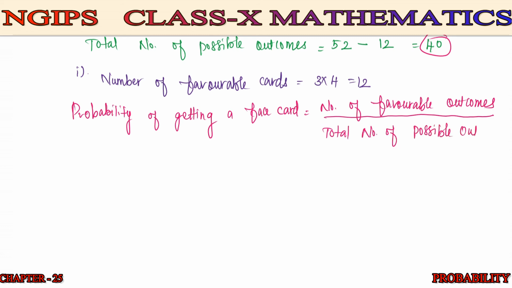So here number of favorable outcomes, it is 12, and here possible outcomes, it is 40. So if you take fourth table, 3 4s are 12, 10 4s are 40. So the final answer, it is 3 by 10. Further we cannot simplify because we don't have any common factors between numerator and denominator.